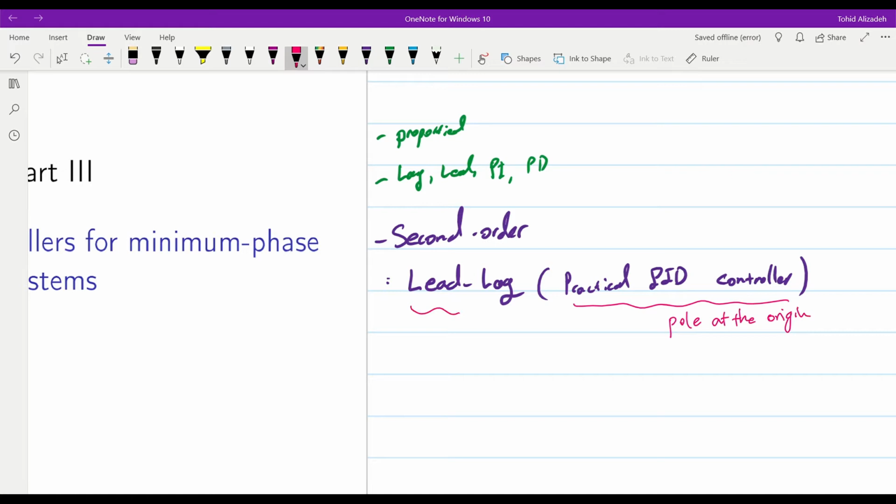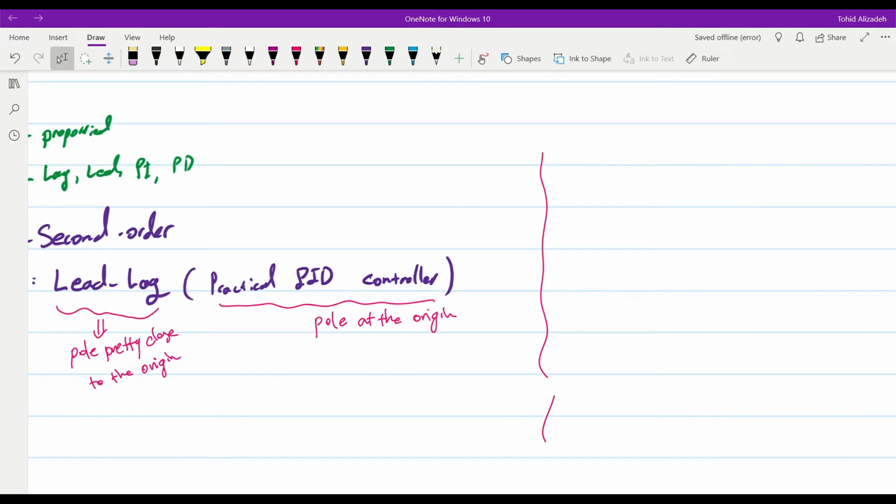But for the lead lag, there will be no pole at the origin, but there will be a pole pretty close to the origin. So with the practical PID, we will increase the type of the system, but with the lead lag, we will not increase the type of the system, but still we will improve the steady state behavior of the system.